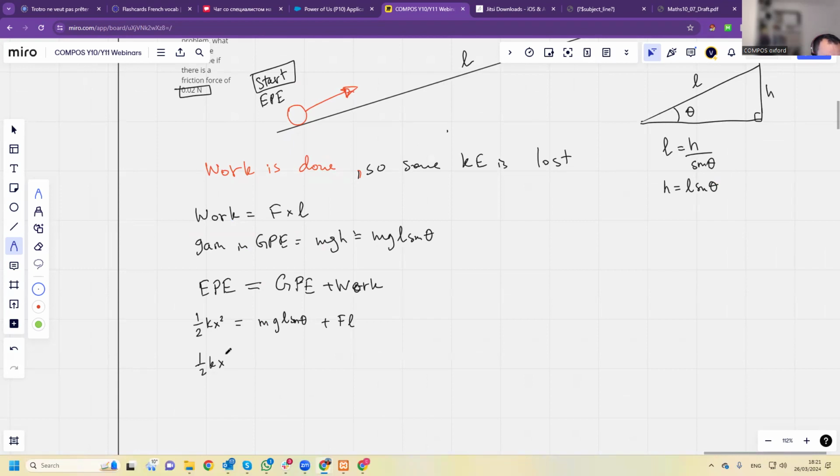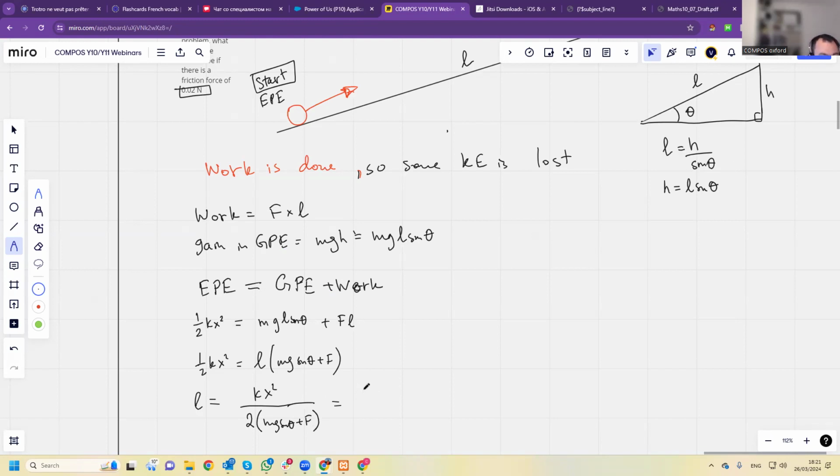1/2 kx squared equals L, open bracket, mg sine theta plus F. So L is equal to kx squared divided by 2 multiplied by (mg sine theta plus F). Okay, let's see what that gives us.